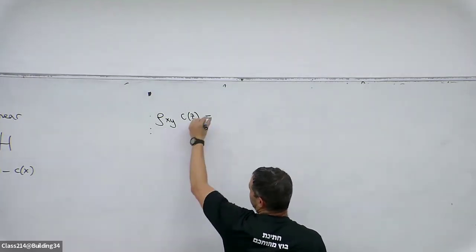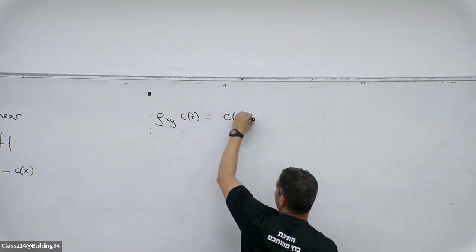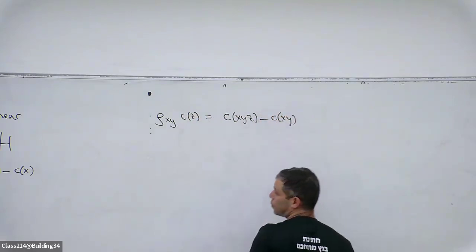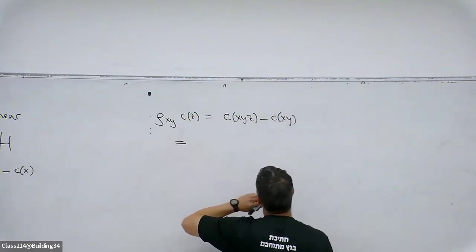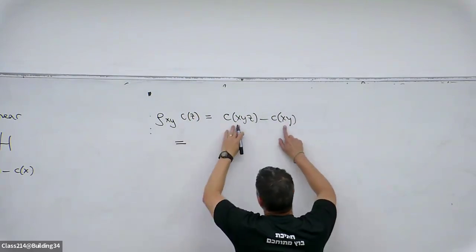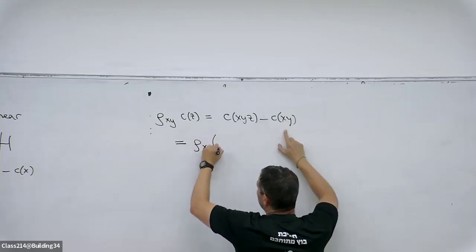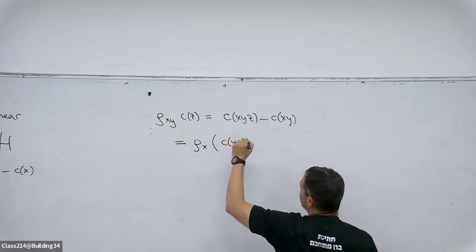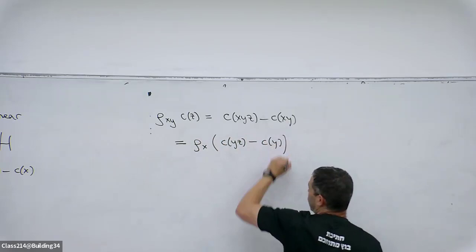So rho of xy of c of z is c_xyz minus c_xy. What is this equal to? Well, you see I have the difference here. So this is rho x acting on the vectors c_yz minus c_y.